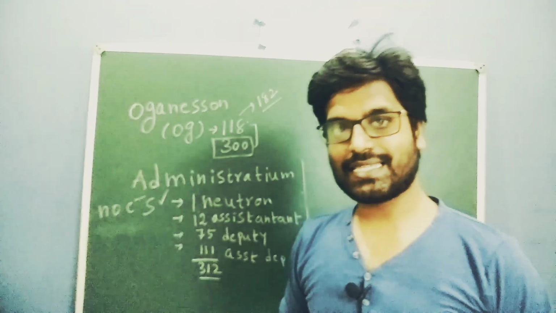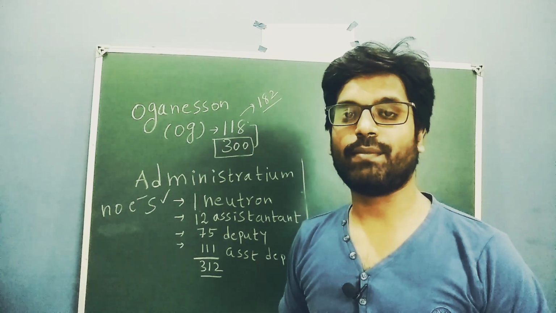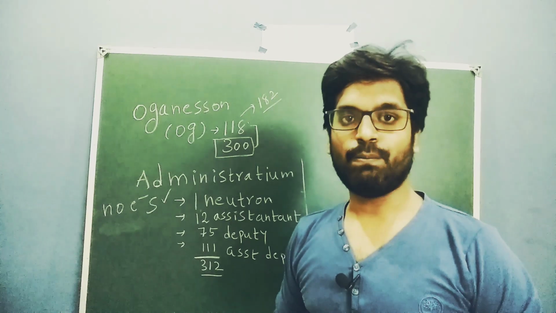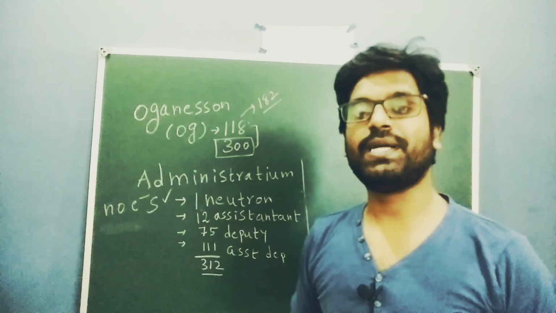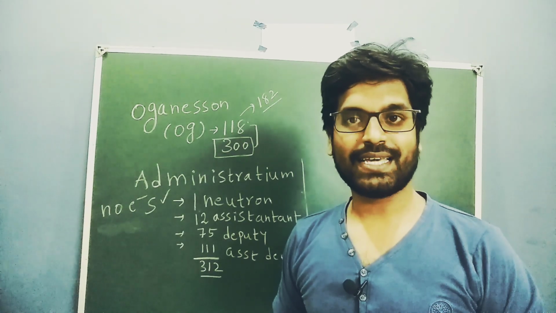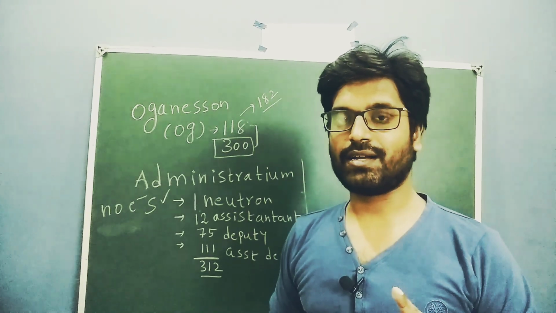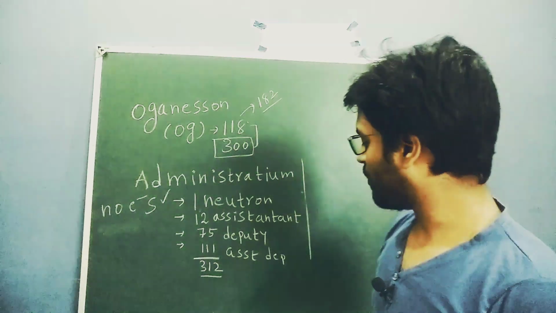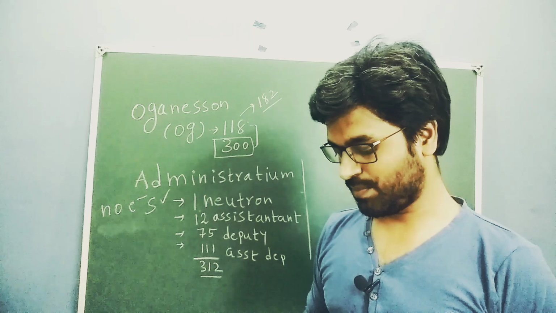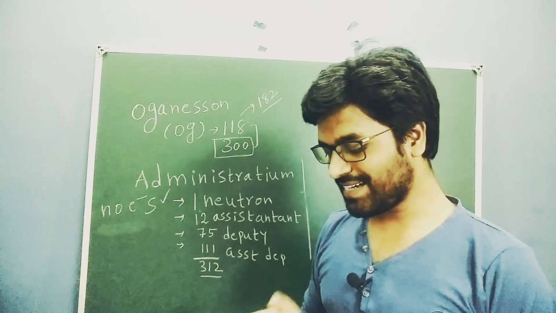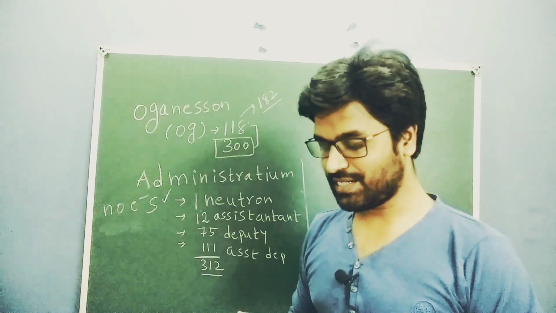So this is the element which has higher atomic mass than organocell. But because of some reasons, this administration has not been placed in the periodic table. Why? So simple. There are some very important things regarding this administration. I have information regarding this administration with me. Just wait.